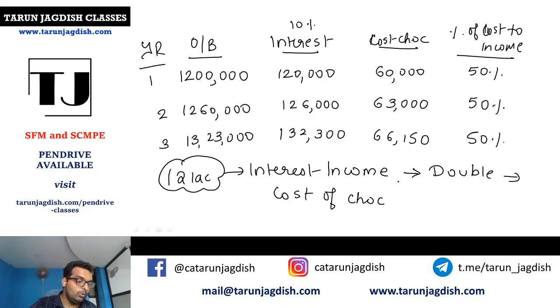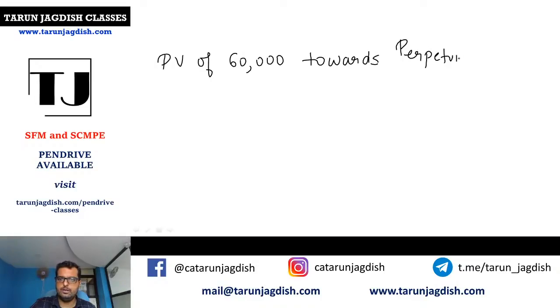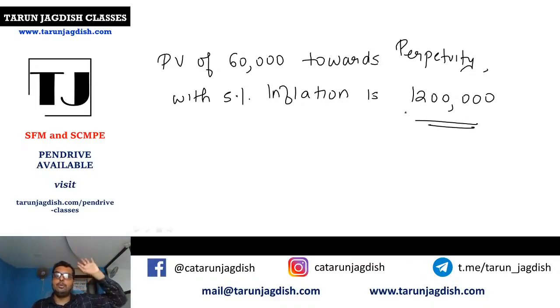Hence, I can conclude that the present value of 60,000 towards perpetuity with 5% inflation is going to be how many lakhs, friends? 12 lakhs. I will now tell you how this 12 lakhs has been arrived at.